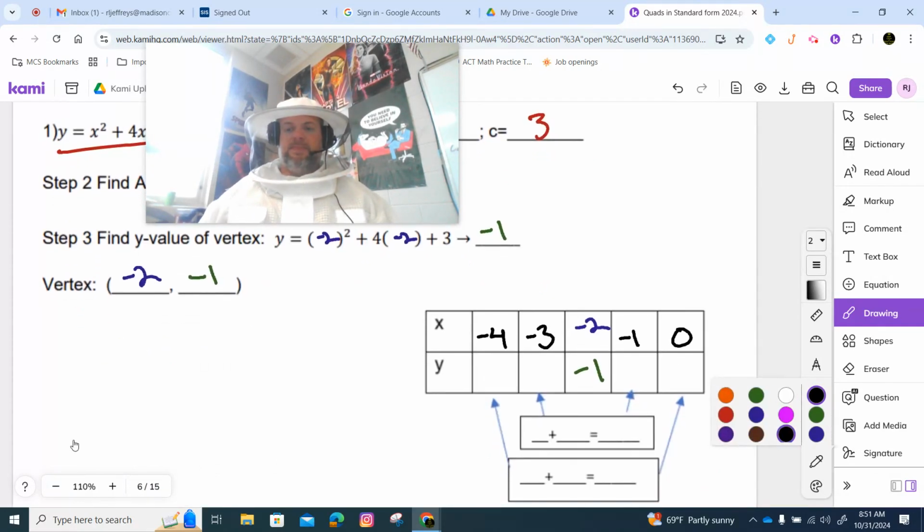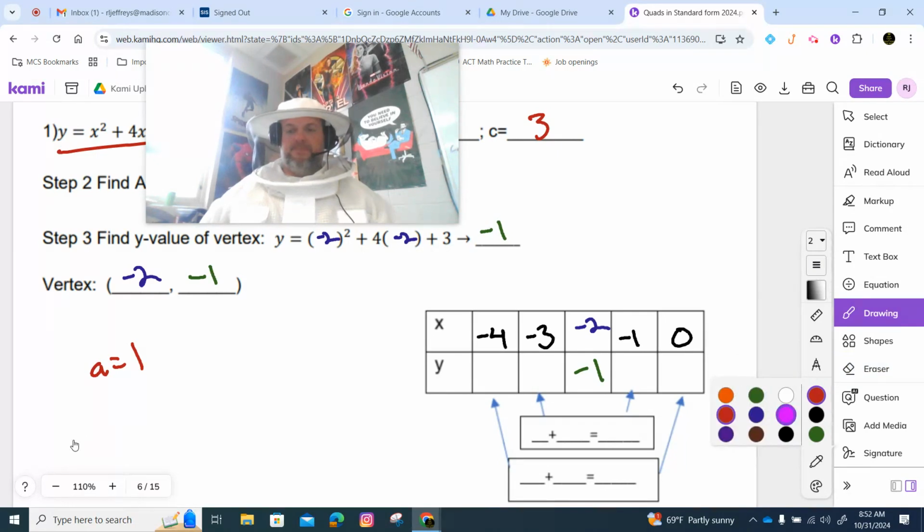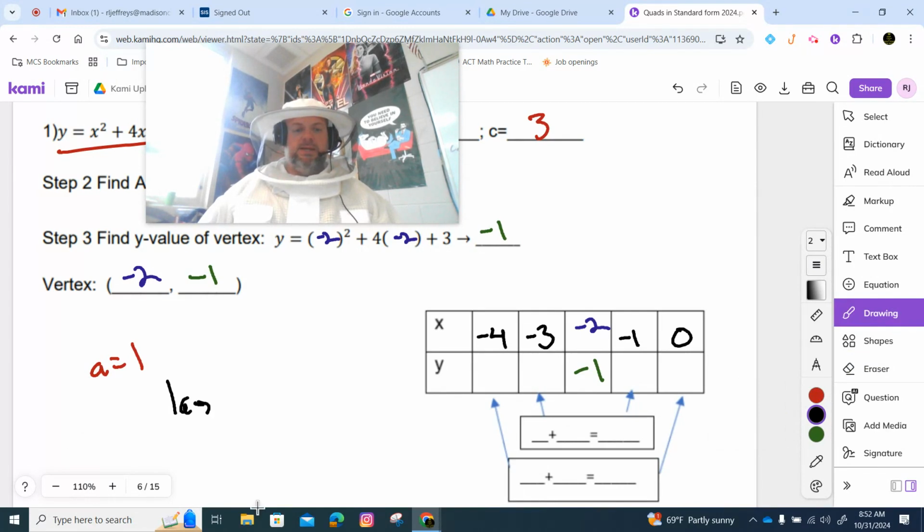All right. So my A was 1. So 1A would be 1 times 1, which is 1. So what is 1 plus -1? 0.